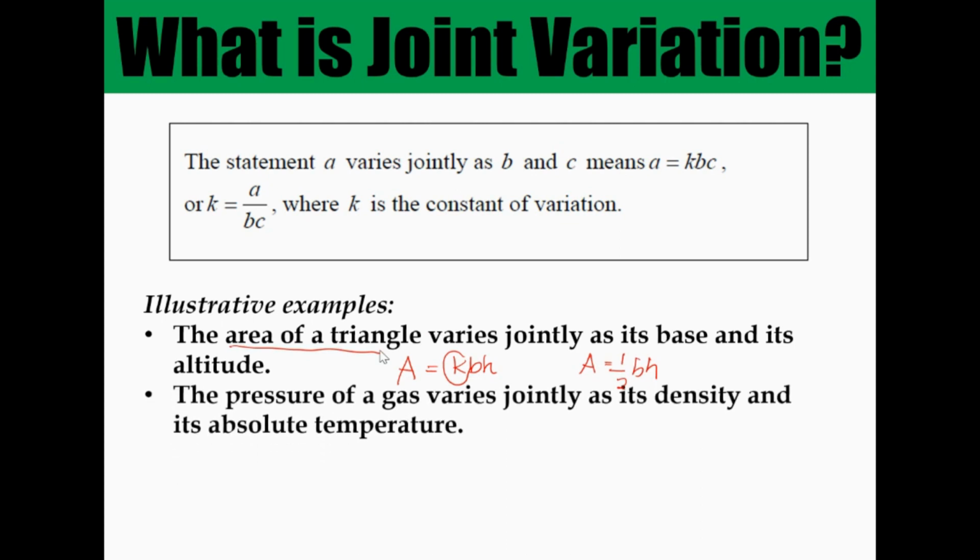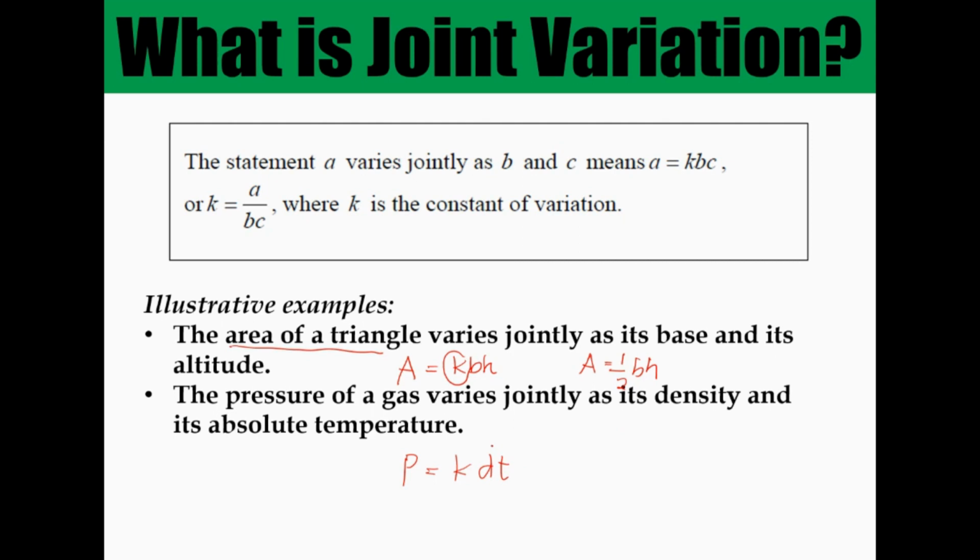Next, the pressure of a gas varies jointly as its density and its absolute temperature. So if we are going to write this, we have P equals K D T. So we have variable D for density and variable T for absolute temperature.